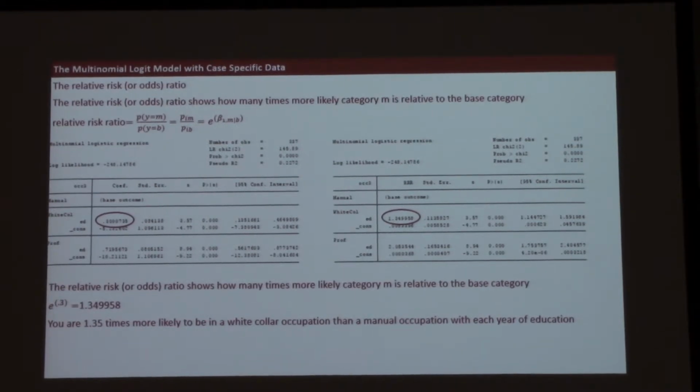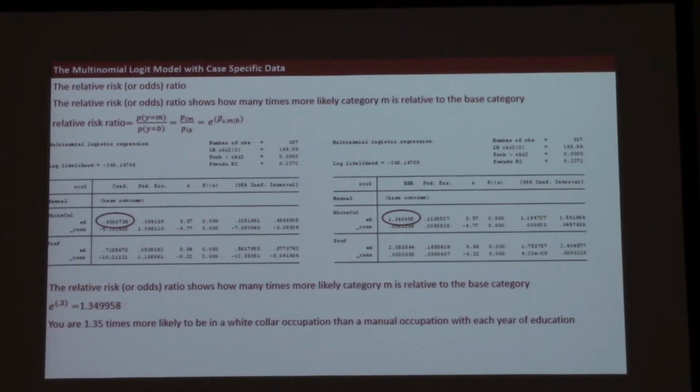So even though it sounds more complicated, a relative risk ratio is really just how much more likely you are to be in one category than the other. And a lot of the whole idea of the relative risk ratio comes from the insurance field, right? How much more likely you are to be in an accident.